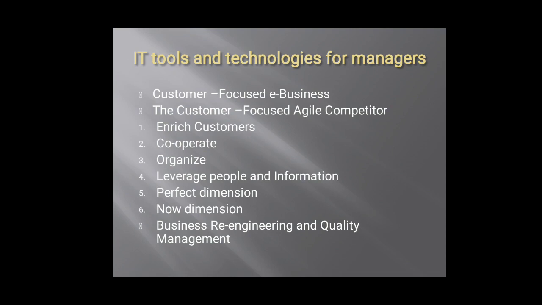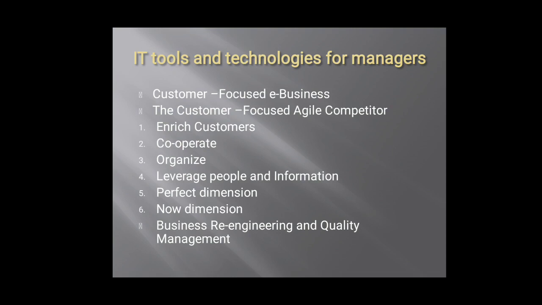The next is the customer-focused agile competitor. Agility in competitive performance is the ability of a business to prosper in rapidly changing, continually fragmenting global markets for high quality, high performance, customer-configured products and services.